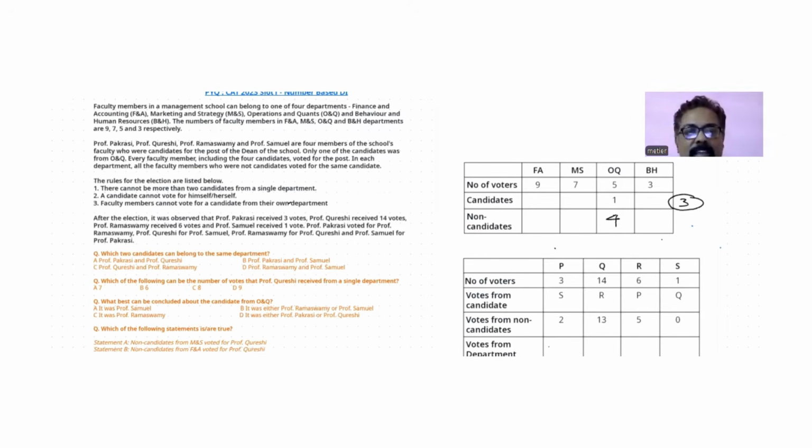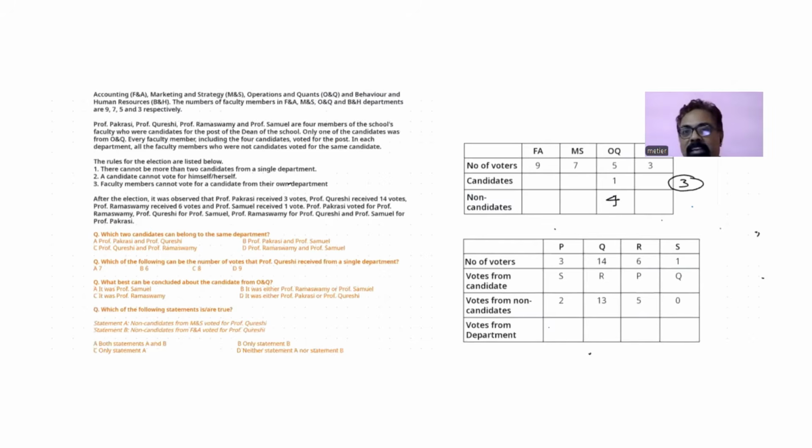Let me write it down clearly. Okay, done. Now, what we are getting here is that there are 4 voters who are non-candidates in department OQ. So these 4 voters will vote for a particular candidate who does not belong to department OQ.